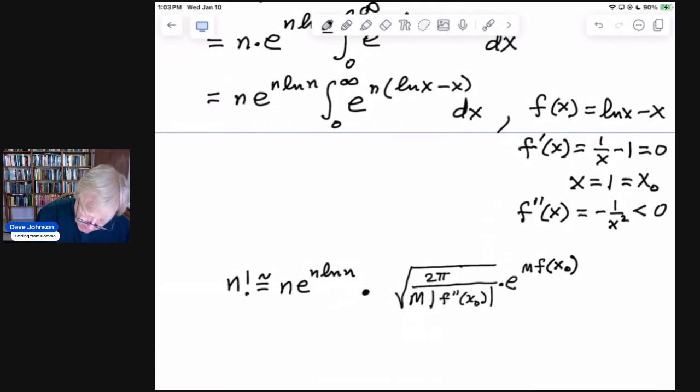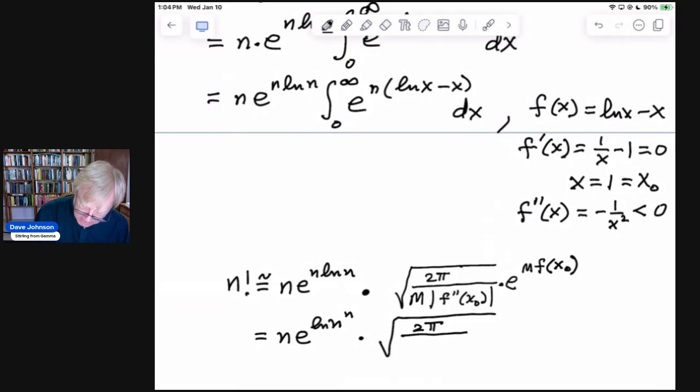Okay. Now let's go ahead and rewrite this. This is going to be n times e to the ln of n to the n times, let's go ahead and evaluate what we can. In the square root, we get 2 pi upstairs. Downstairs, m is just our n. And if we plug in x equals 1 into our second derivative, we get -1, but we're taking the absolute value of that.